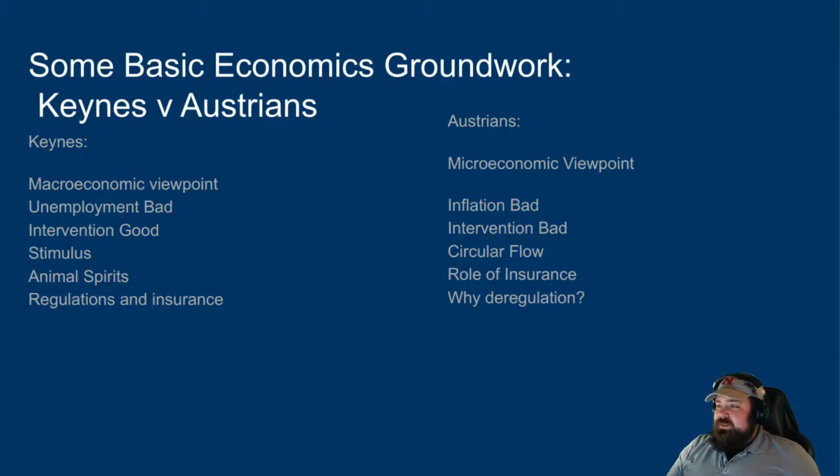Now, this difference between the two types of understandings of the economy becomes really important when you look at particular things like why there was such a large culture of deregulation from the 1980s into the early 2000s. That's because they were trying to switch over to an Austrian style, but they didn't get rid of insurance, which creates major problems for the banking industry and really causes the financial collapse of 2008.